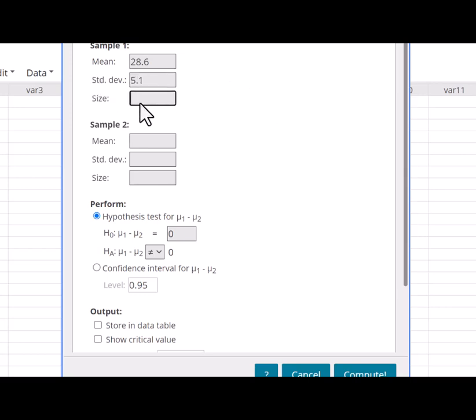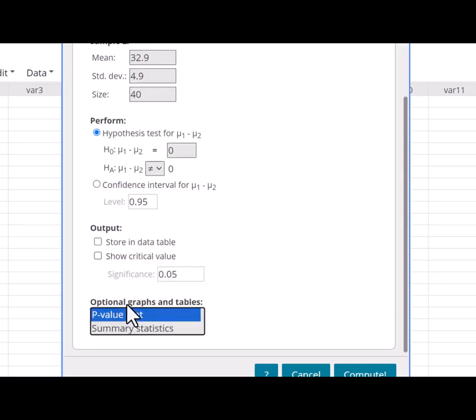Sample size, as we said, we had 30. From the second sample the mean is 32.9. Standard deviation was 4.9. And sample size was 40. And we need to test that mu1 is different from mu2, so you already have the difference sign.